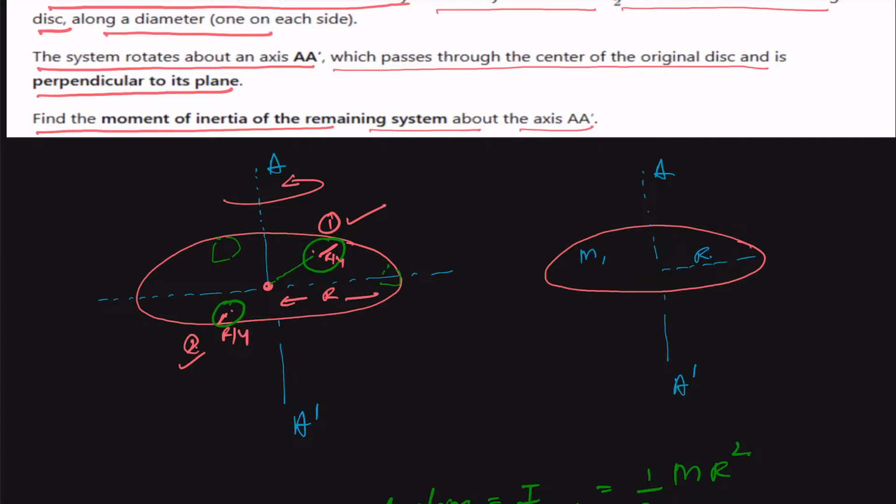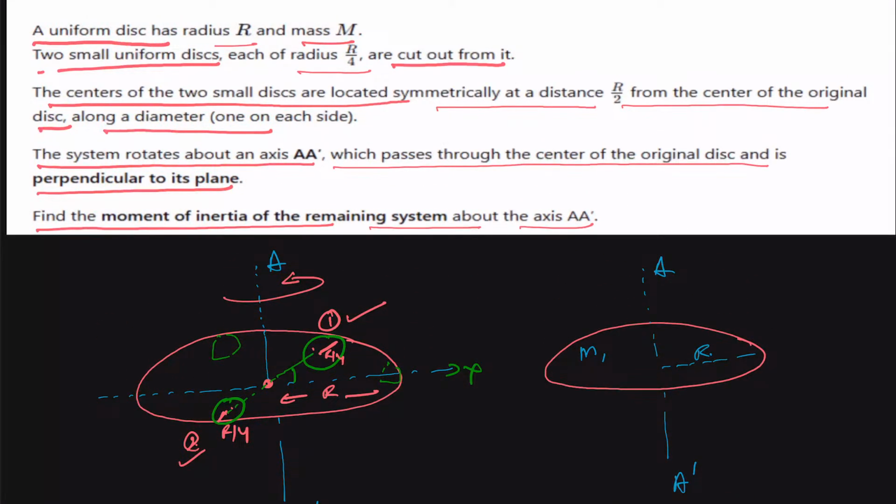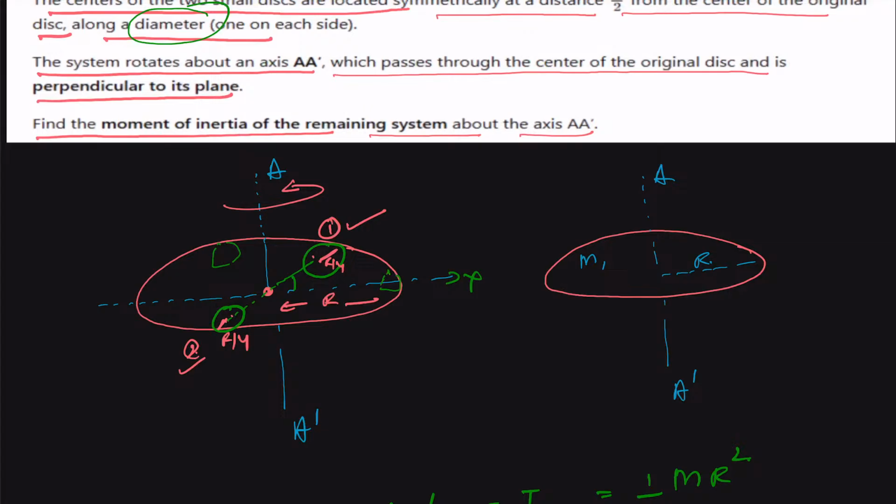There was also confusion about the location of disk number 1 and disk number 2, meaning the angle with respect to the positive axis. The question that was presented to me says that they are along the diameter, but some were saying they were at a different angle. That doesn't matter. The angular position doesn't matter.